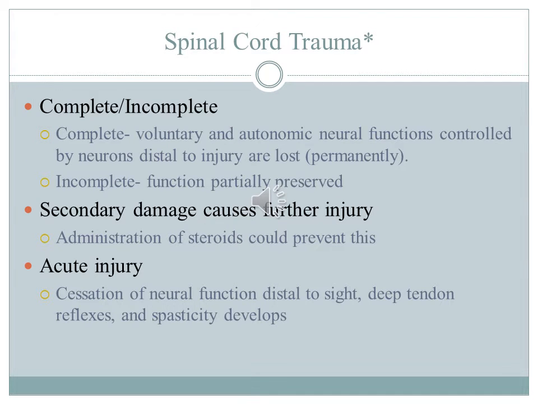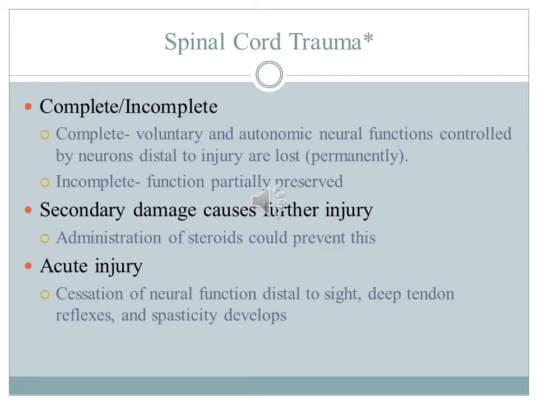So looking at spinal cord trauma, when someone suffers a spinal cord injury, you're going to be looking at what is lost in the individual due to the injury. You first have to look at whether it is complete or incomplete. Anytime somebody has a complete spinal cord injury, all their voluntary and autonomic neural functions controlled by neurons distal to the injury are lost.